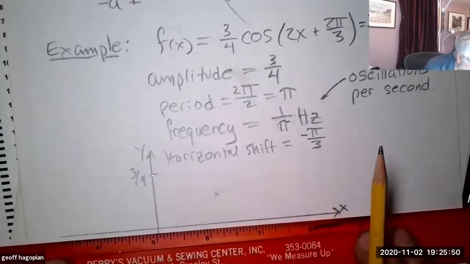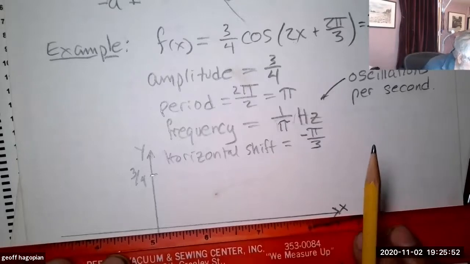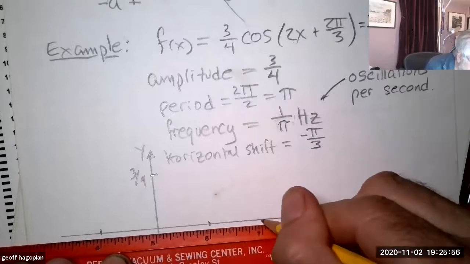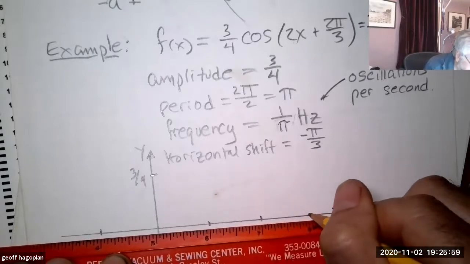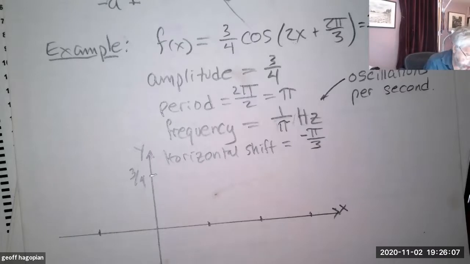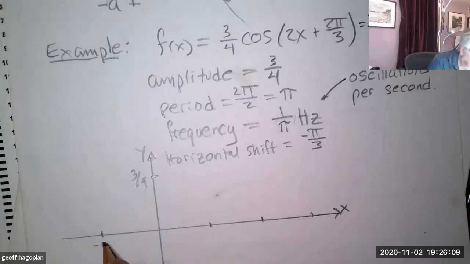Okay, so let's see. I think if I go 1 inch per quarter cycle, that's going to work here. So you have, whatever your wavelength is, it can always be broken into 4 equal pieces, and each one of those is a quarter cycle, right? So this is going to be negative pi over 3. That's our horizontal shift.